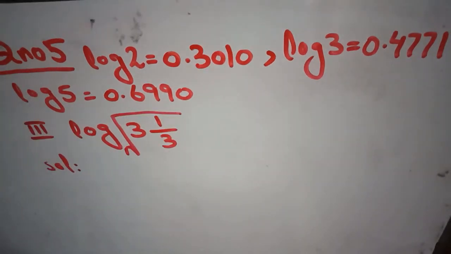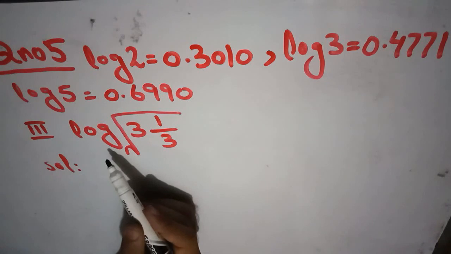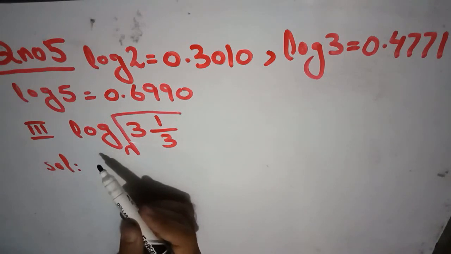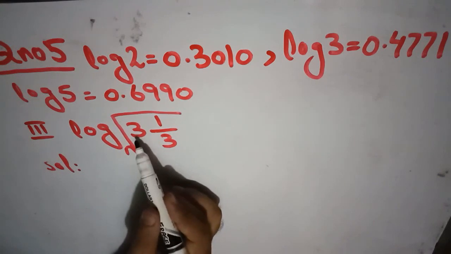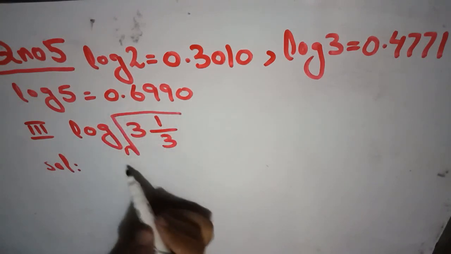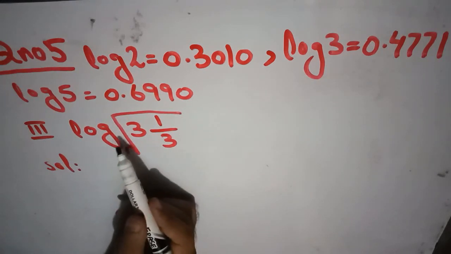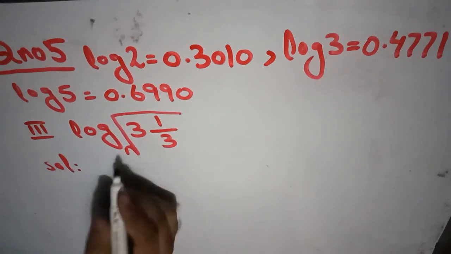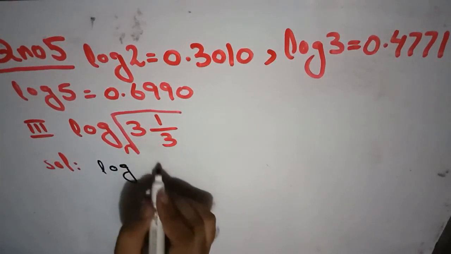In the next question, the third part of question number 5, I will solve the third part before you. There is written log of the square root of 3 as a whole, 1 over 3, under root. So you will just simplify it first. 3 3s are 9 and 1 is 10.